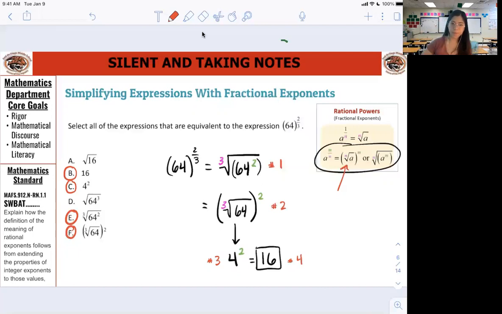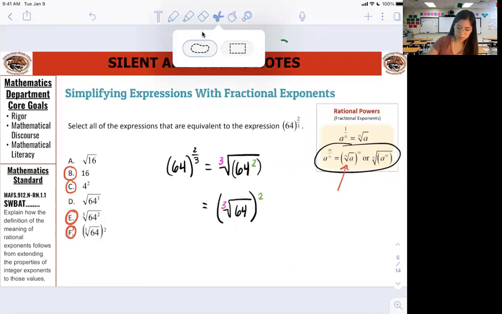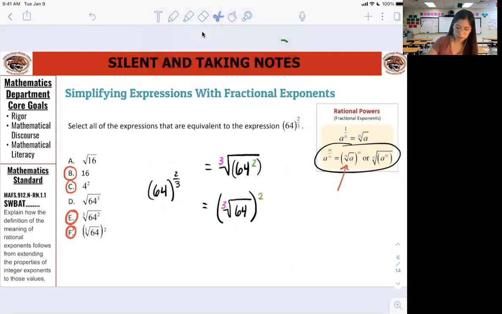Okay, step 2. So I'm going to erase a couple of things. First things first, this is what we started with. You can write this 2 different ways. I'm just looking at the rule right here and following it.